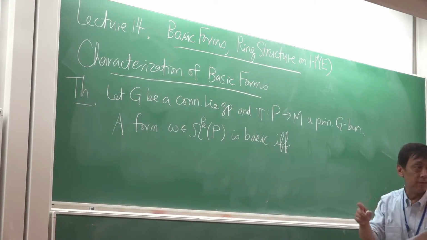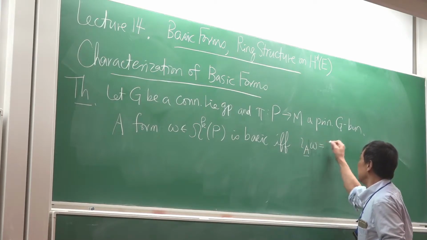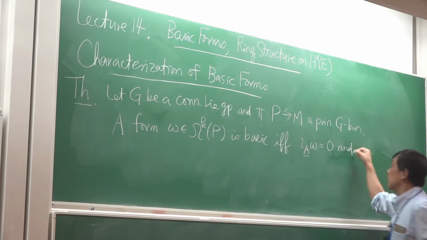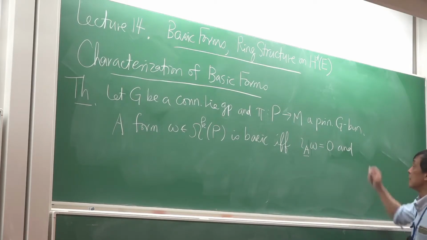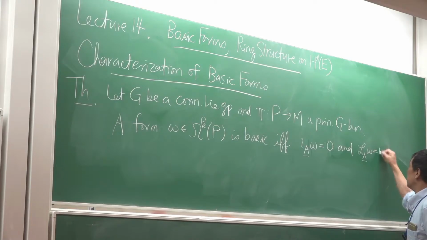it's horizontal. That means iota A bar omega is 0, and it's invariant. That means the Lie derivative is 0 for all vertical vectors.